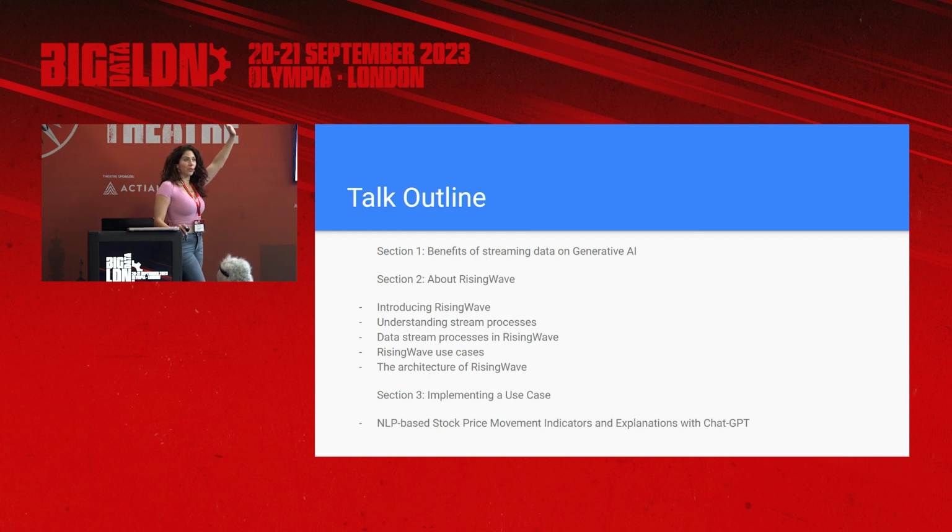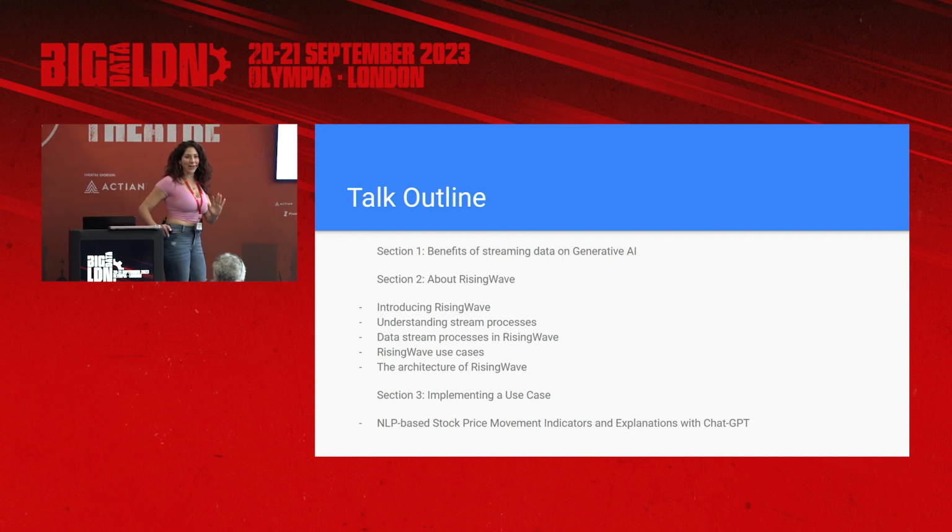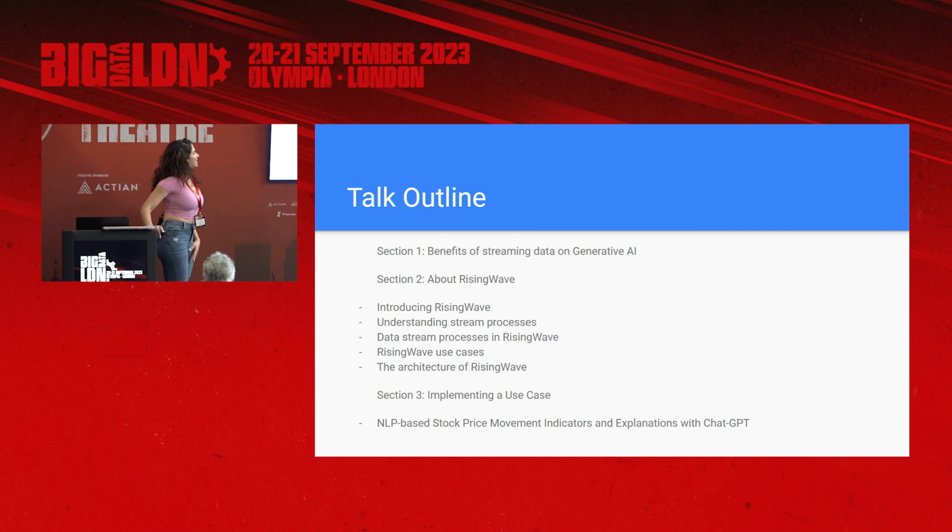So we're going to talk a little bit about stream processing, and then I'll talk to you about Risingwave, which is what we're using here. It's a SQL-based stream processing system. And then I'll talk about the use case on how we built a ChatGPT stock indicator, which was surprisingly a lot more accurate than we expected. And then that's the demo that we're going to do.